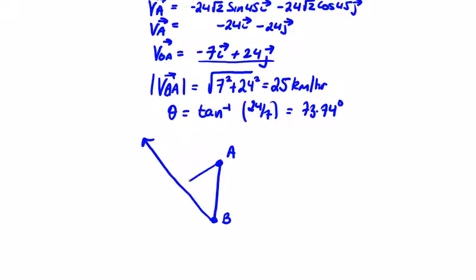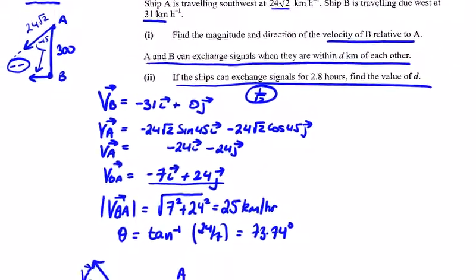So I have my shortest distance here, and the velocity of B relative to A. If I give it an x-axis, the angle that we got is here. This is theta, so this angle here is going to be 90 minus 73.74, which is going to be 16.26 degrees, and A to B was 300.